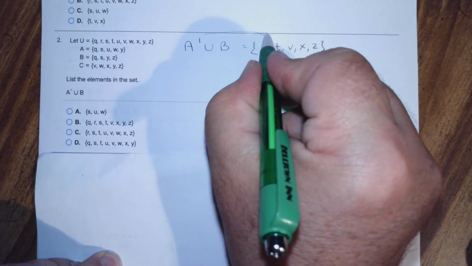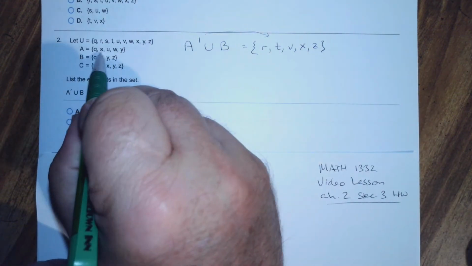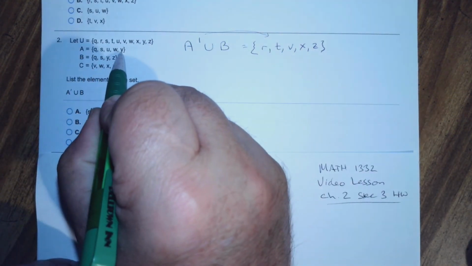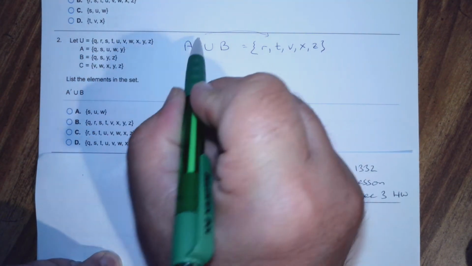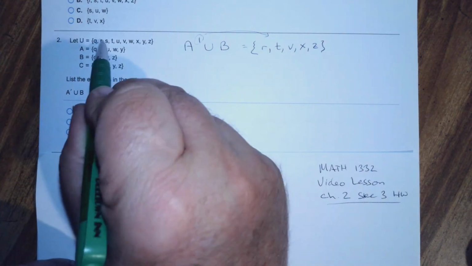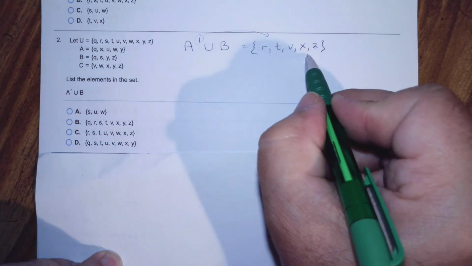That's the complement of A, because A is Q, S, U, W, Y. If we remove these from the universe, that's what we have left.